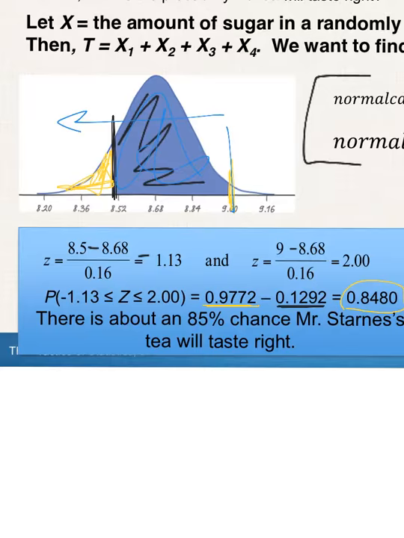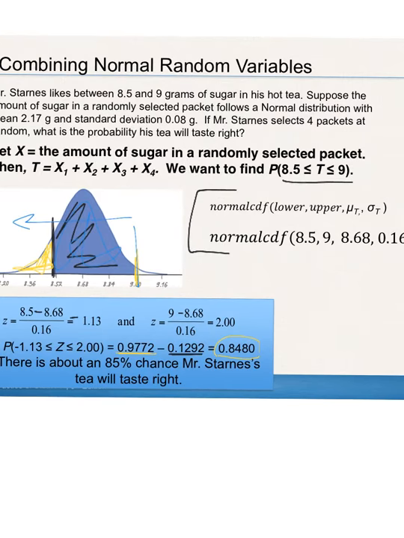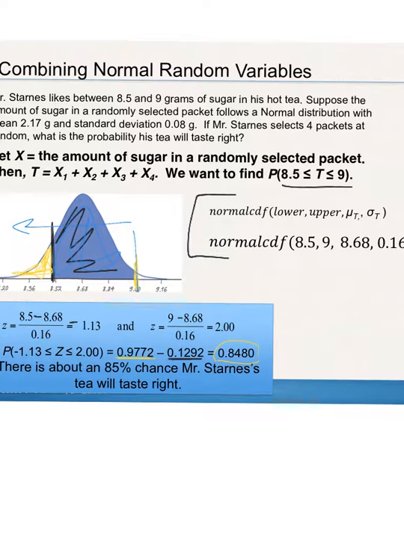And then if we look at the calculator way, the calculator does all this work for you. You have to write down what you're putting into the calculator, both in general, what normal CDF command requires. It requires a lower boundary and upper boundary, the mean and the standard deviation of interest.